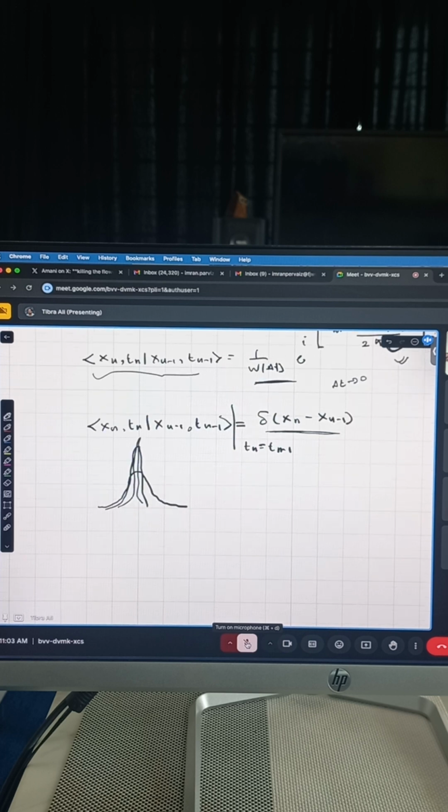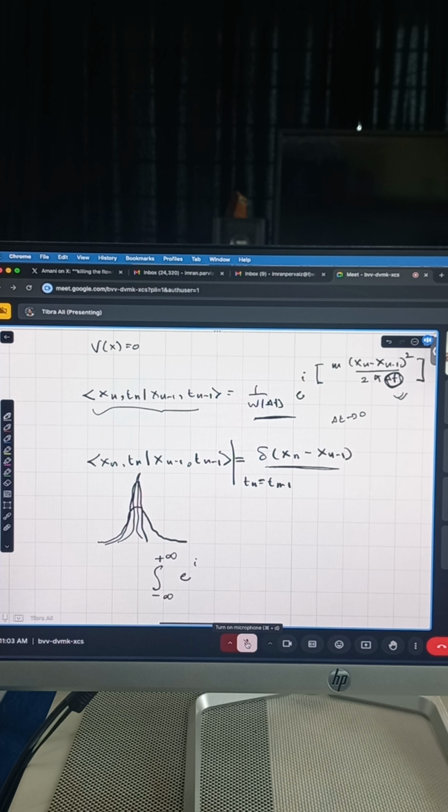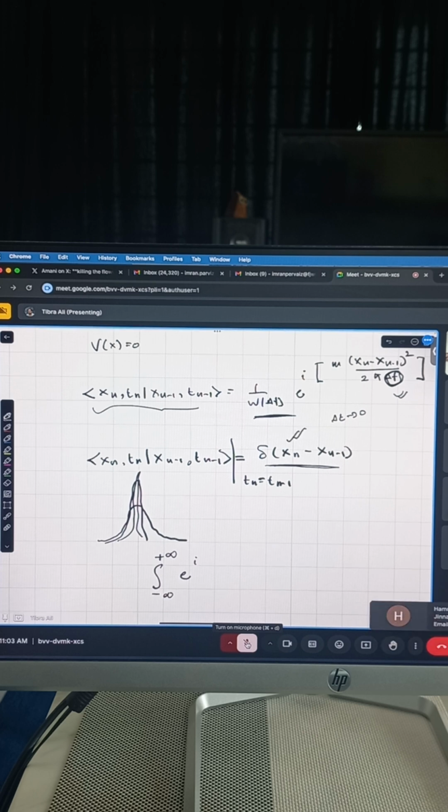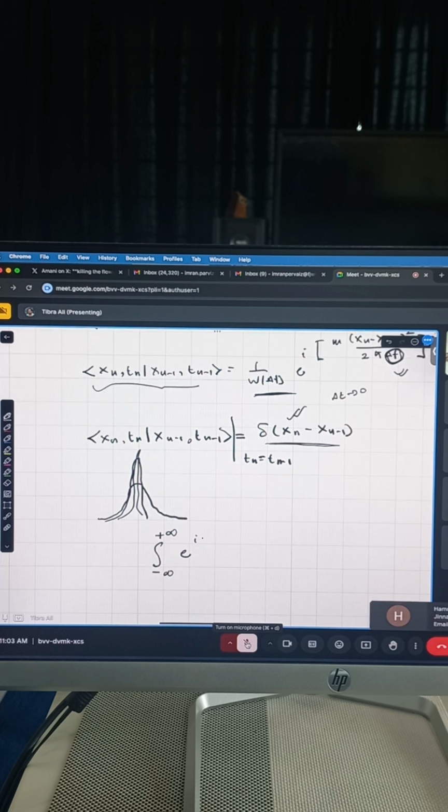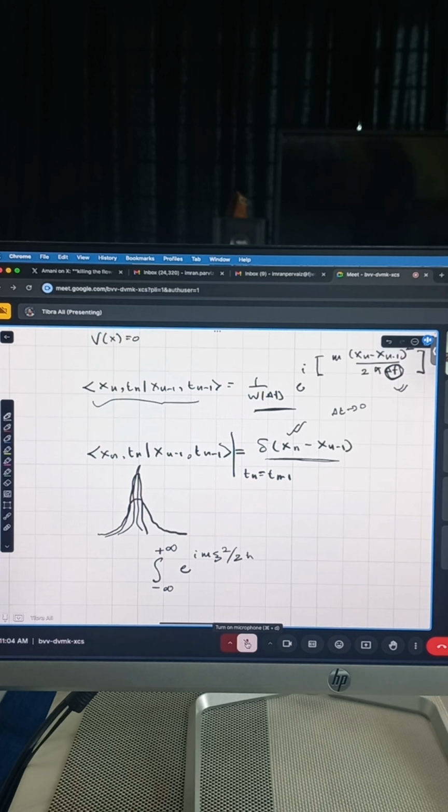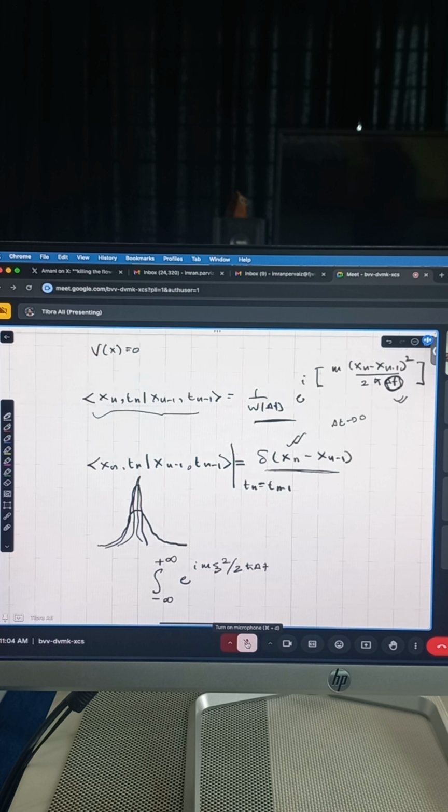So what do we do? We basically say that, well, remember that for the Gaussian, we have to do some integral over one of the x's for this to be normalized. So let's write this in this way. So essentially this guy is this factor, and we are taking one of these x's to be the integration variable.